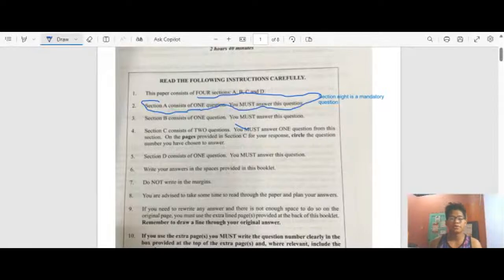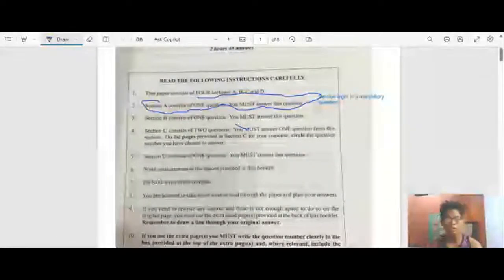It says for the 4th section, section C consists of 2 questions. You must answer 1 question from this section on the page provided in section C for your response. Circle the question number you have chosen to answer. Section D consists of 1 question.